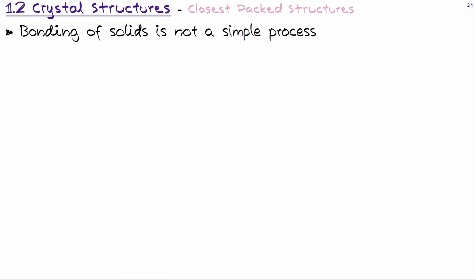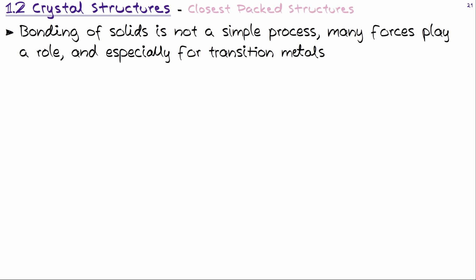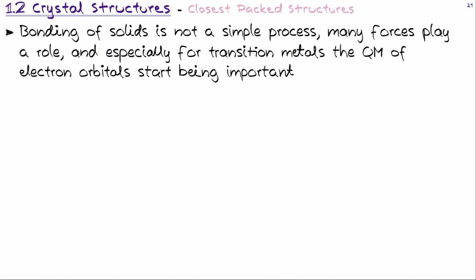And then I will say, before moving onwards, that the bonding of solids that we will be covering in the next bigger chapter is not a simple process. It's actually super complicated, I would say. It took me a while to start grasping the general rules of thumb and where they originate. Many forces play a role, and especially in transition metals, the quantum mechanics involved plays a very important role in the formation of the solids.